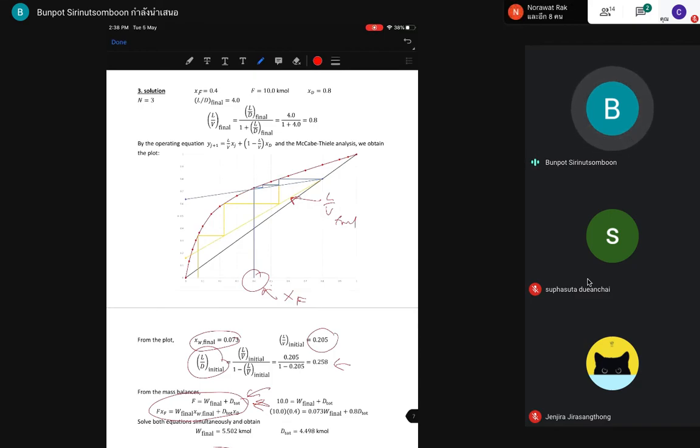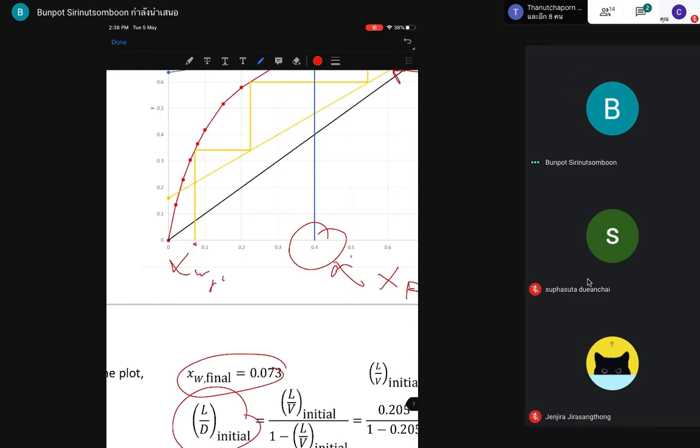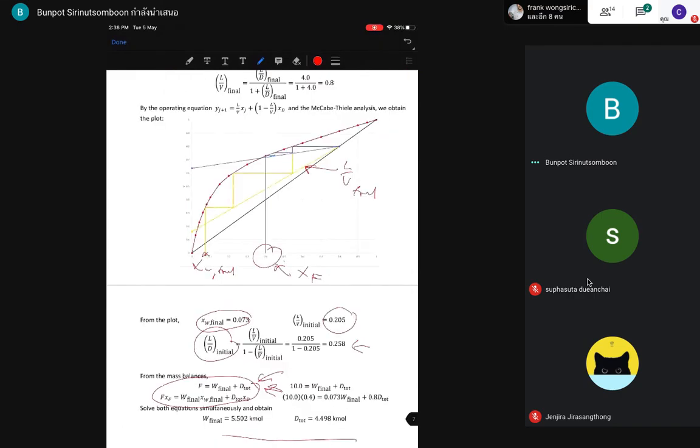At the beginning, the composition in the pot is xf, right? But then at the end, at time final, it's going to be the yellow line right here. So this is the xw final. This example is for variable reflux ratio.